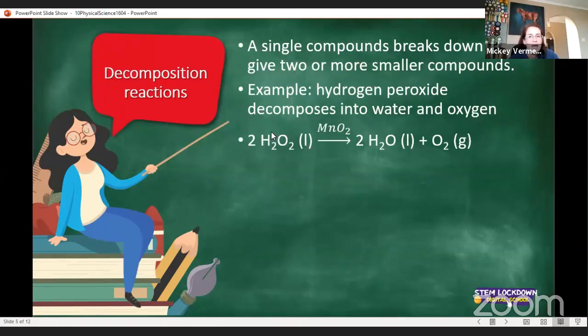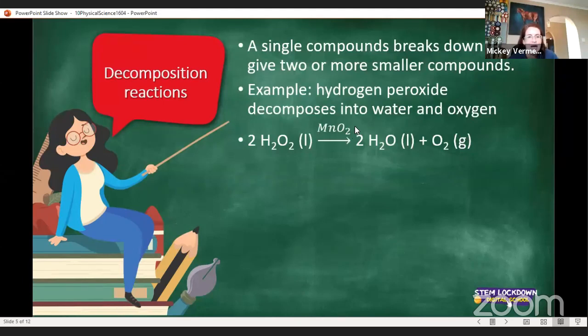When we flow hydrogen peroxide over manganese oxide, the hydrogen peroxide decomposes and gives us water, which is a liquid, and oxygen. Remember, oxygen is a diatomic gas, so it's O2 and it is a gas.